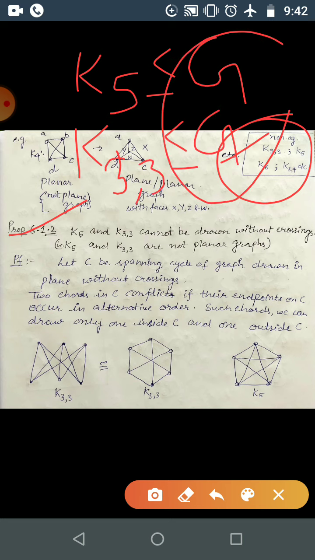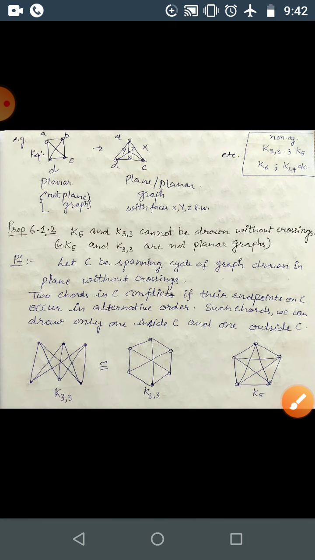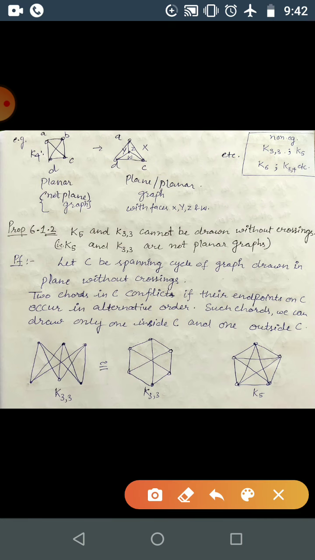Okay, all those graphs which contain these two graphs as subgraphs are also not planar. Because these small subgraphs are not planar, obviously we cannot draw these bigger graphs in a plane without the edges crossing each other.